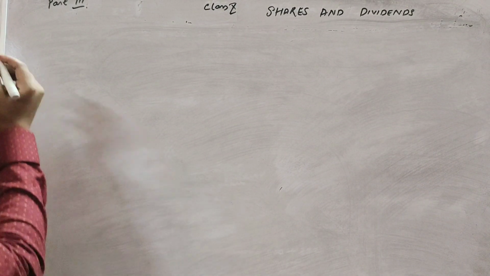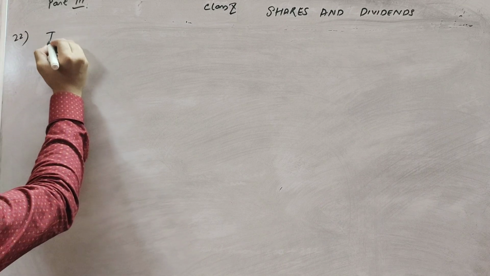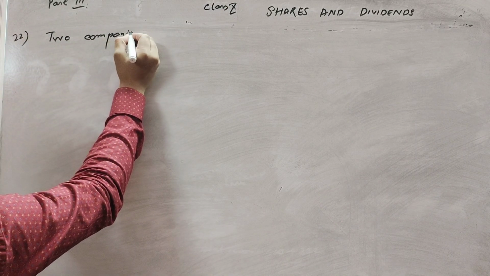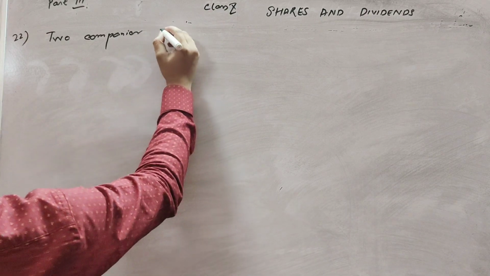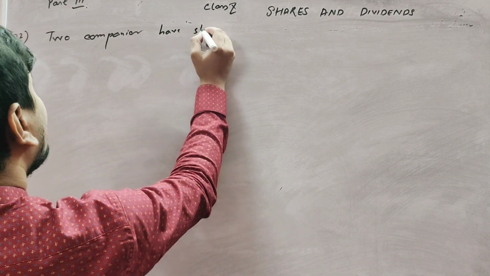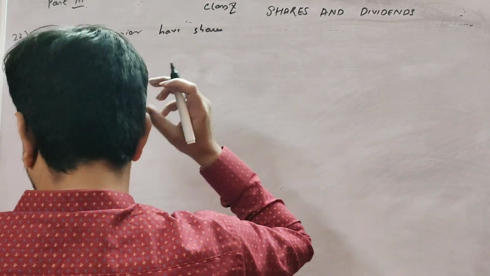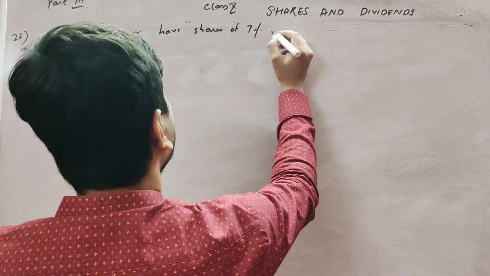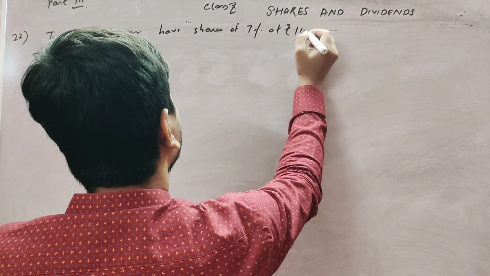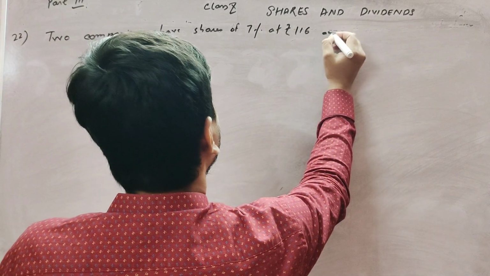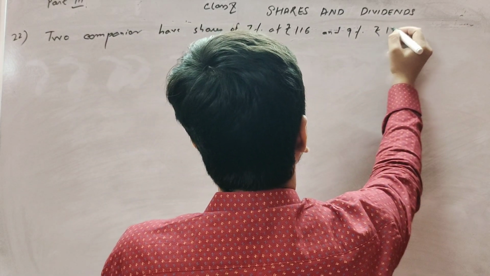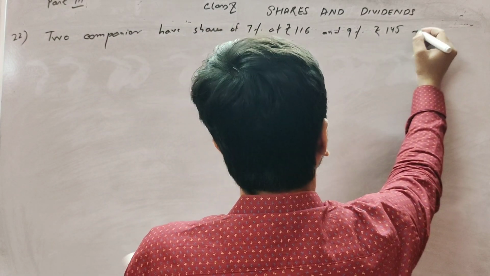Question number 22. Two companies have shares of 7% at rupees 116 and 9% at rupees 145 respectively.